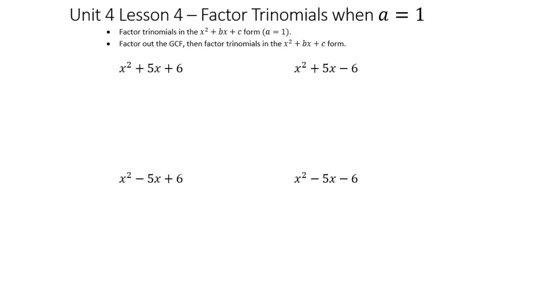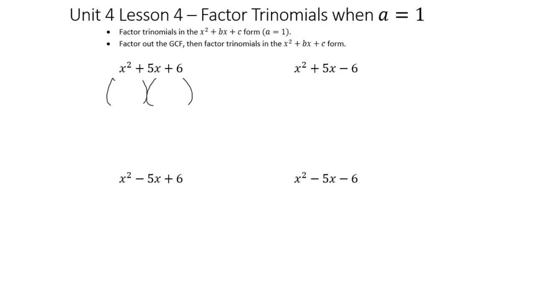When we are factoring trinomials and your leading term is 1, we need 2 numbers that multiply to give our back term, which is the 6, and add to give our middle term. What we are trying to do is create these binomials that give us this trinomial when it's multiplied out. That's our process of factoring.